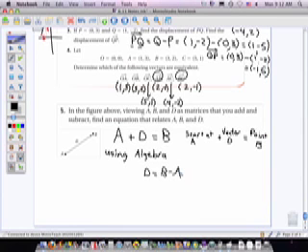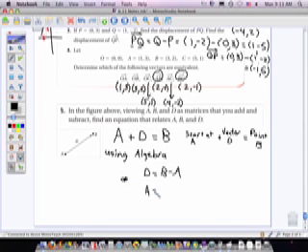Okay, you could also look at if we had point B and we knew D, how could we figure out A? In other words, how could we get this A by itself? B minus D, okay.